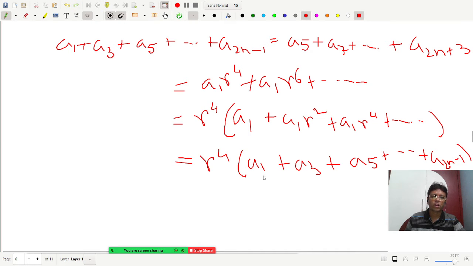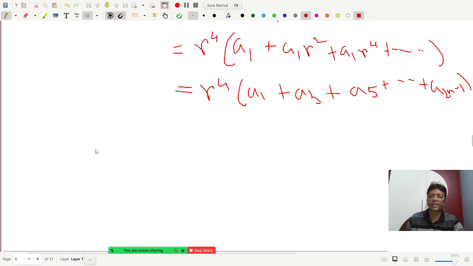So this and this term will get cancelled. So r to the power 4 equals 1. So what are the values of r? r equals plus minus 1 and plus minus i.